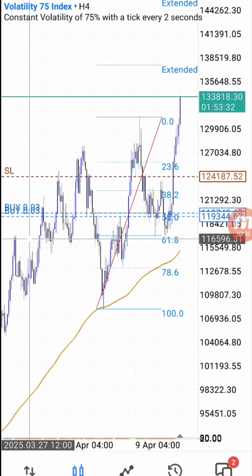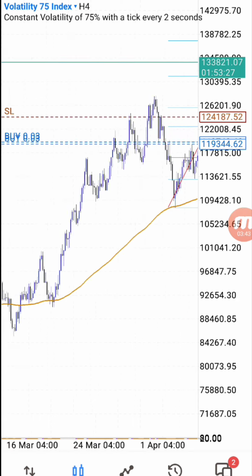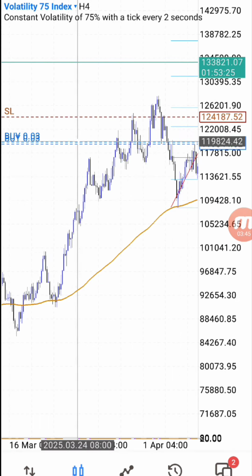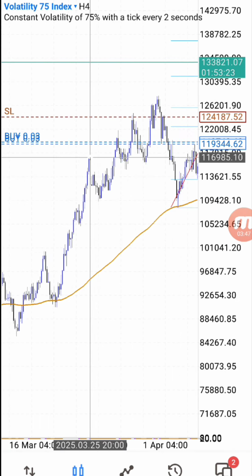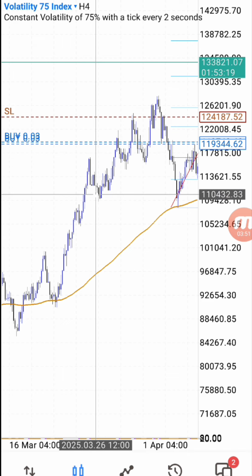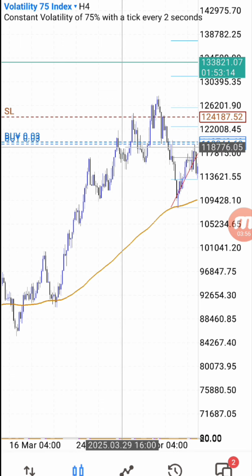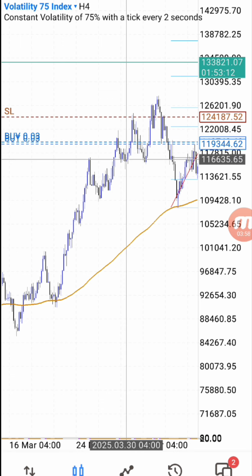Look at this point, it was a resistance zone. I'm talking about this place. There was a touch here. You can see price got here, pulled back, and then later broke it. Then after breaking it, it came back, and that place served as a support.